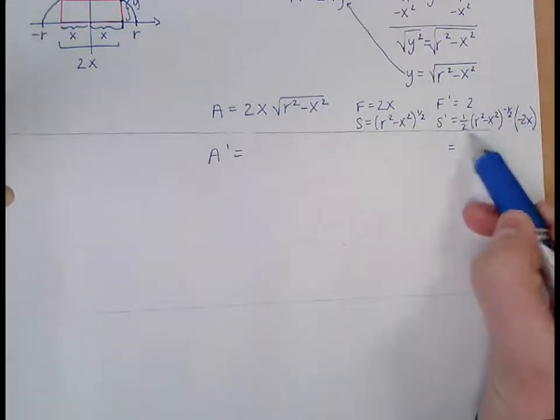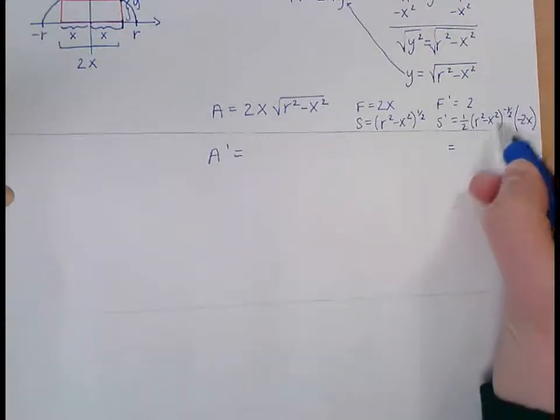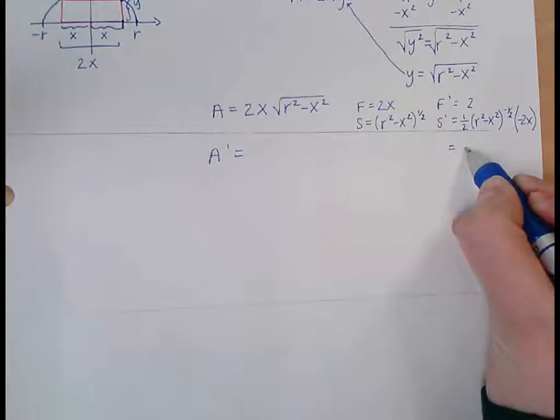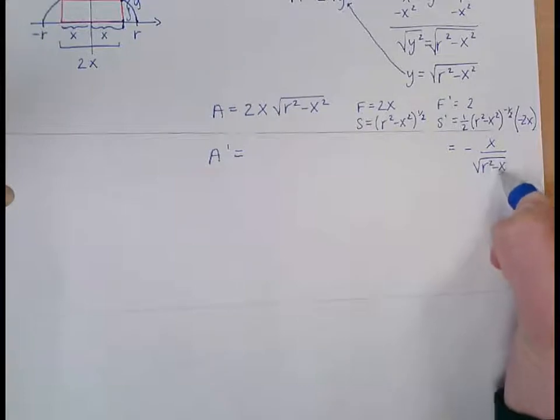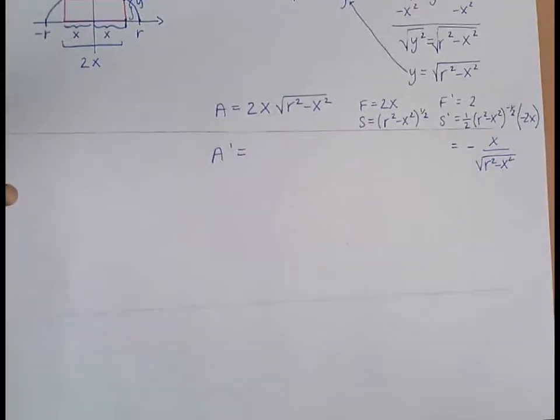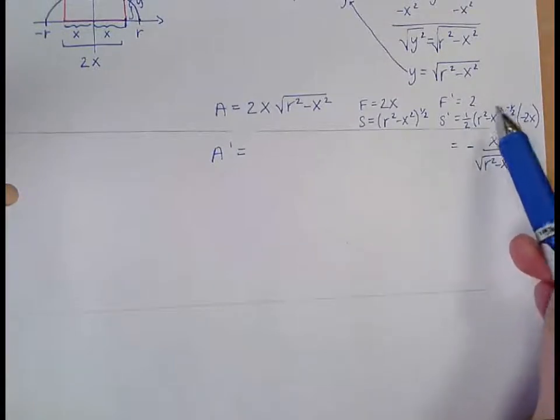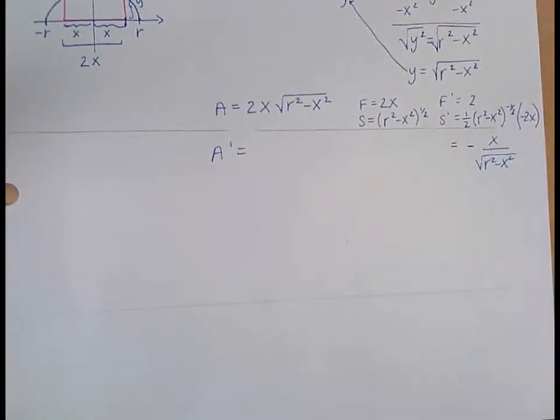Yes, so I'm going to write this as a square root on the bottom. The 2's would cancel, so negative x over the square root of r squared minus x squared. So these 2's canceled out. This is a square root in the denominator.